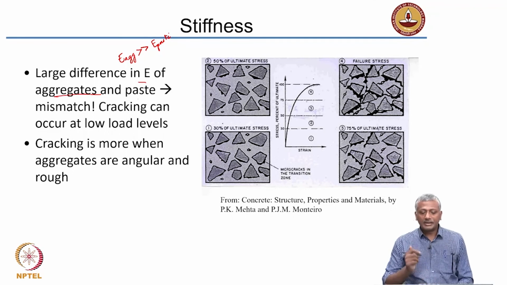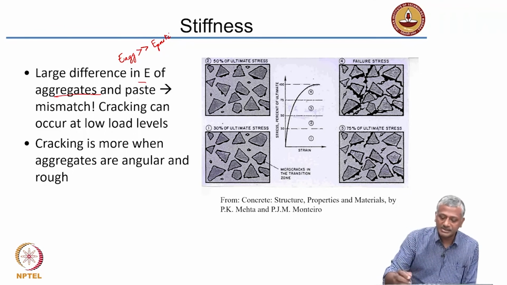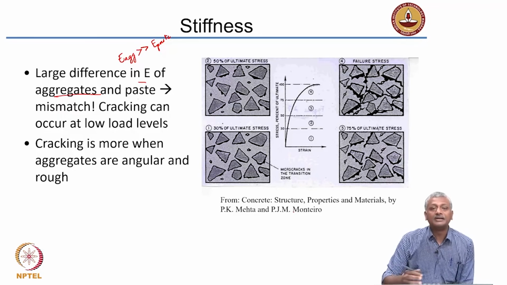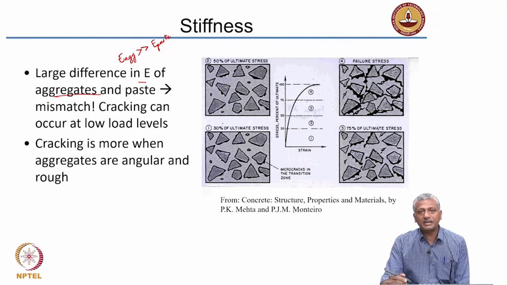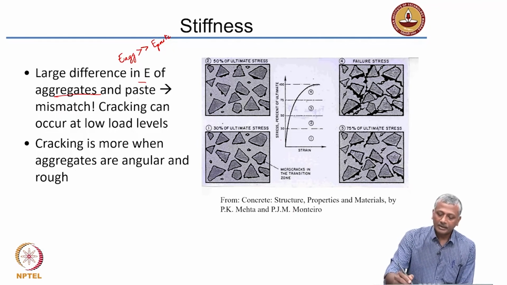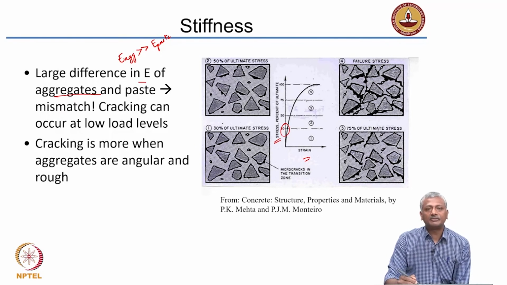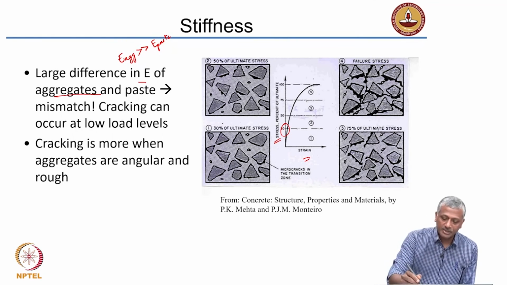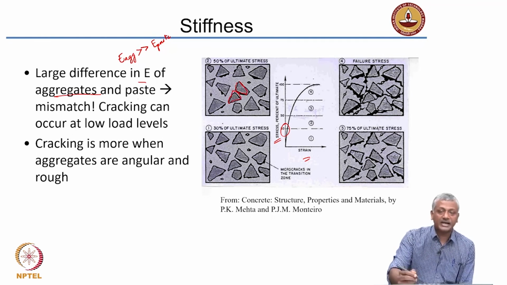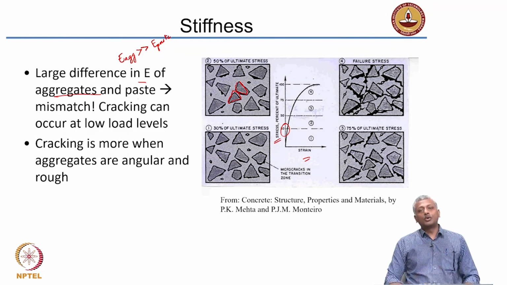So, at very low load levels itself, here for example, this is a standard picture you see in many textbooks on concrete. If you plot the stress versus strain, even for stresses which are less than 30% of the breaking stress, you will start seeing that there are failures of the paste around the aggregate, because the aggregate has attracted more load there.